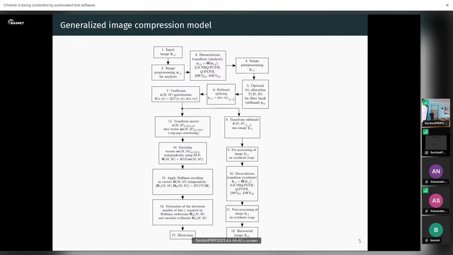ones, and the easiest way to provide such a comparison is to develop a simplified, generalized image compression model, which involves a transform, quantization, and some entropy coding model.